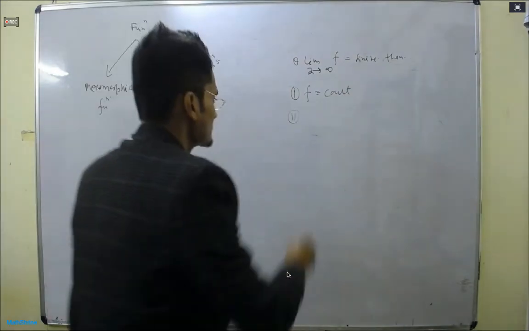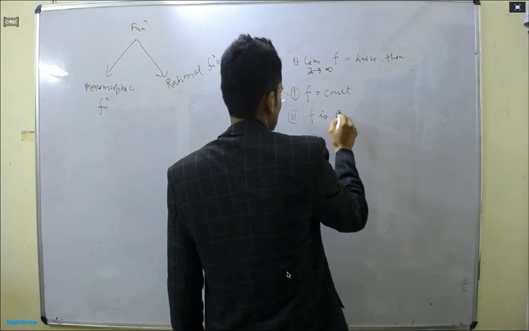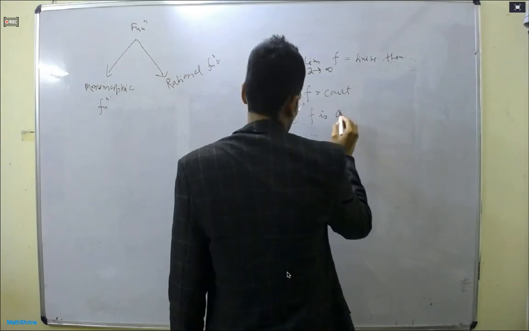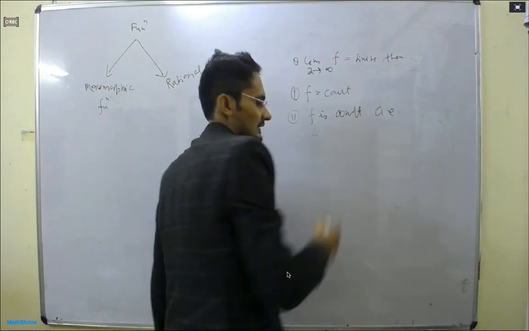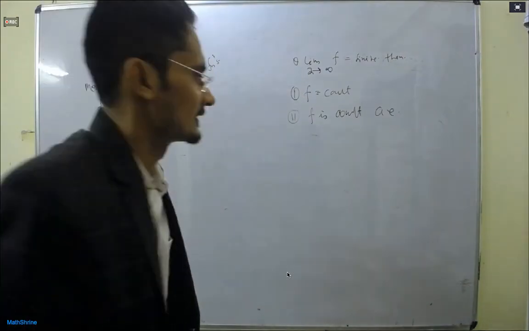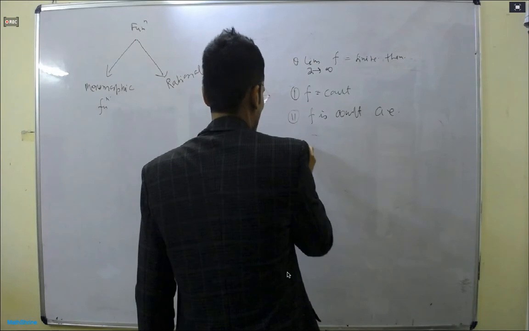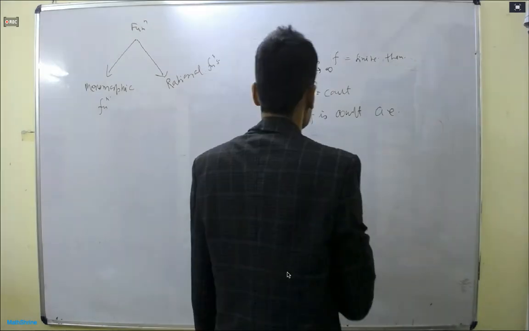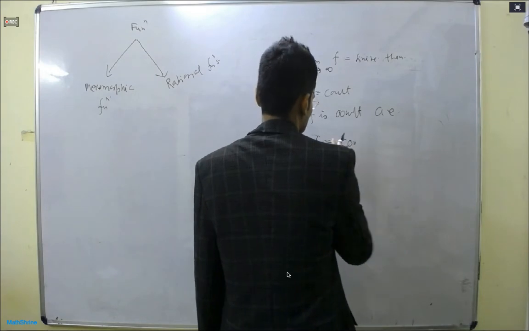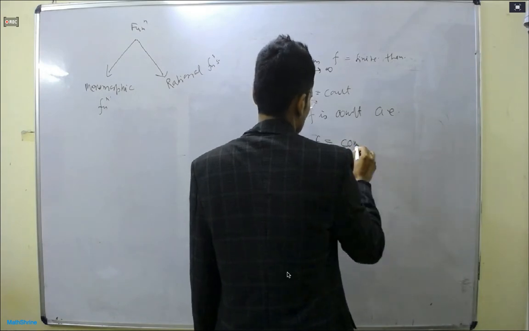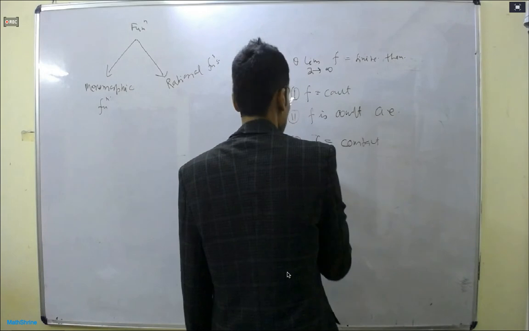The second, f is constant almost everywhere, you know, right? Almost everywhere. The third, f is equal to a constant. The fourth one is none of the above. Tell me the answer.